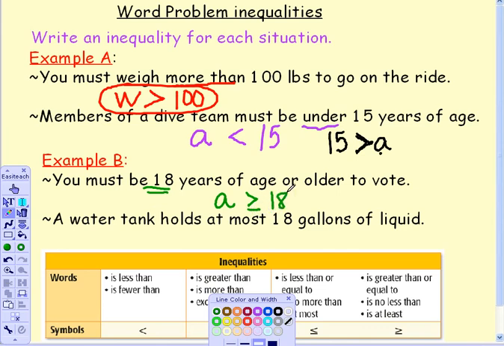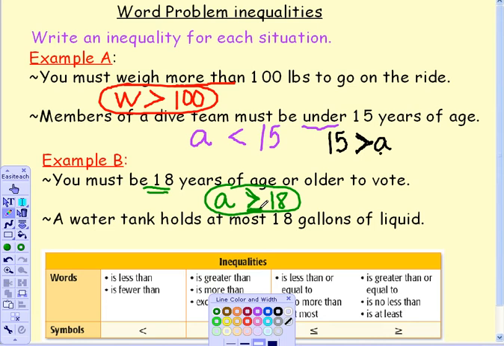So that means you can also be 18, and that's where this underline part comes in. You can be equal to 18 and still vote, and you can be over 18 or older than 18. So we use that underline in this case to represent all of those different ages. So there's an infinite number of ages that would make this statement true.